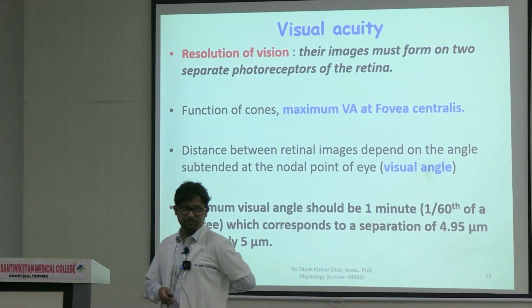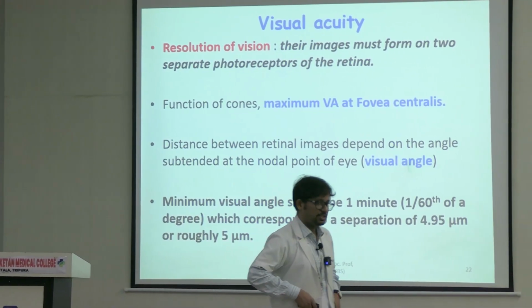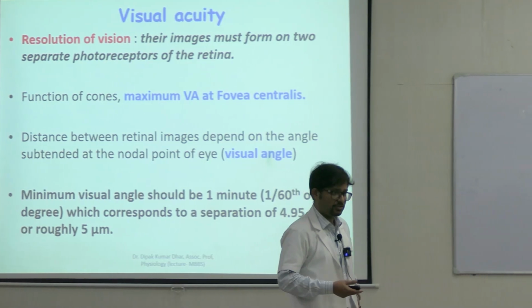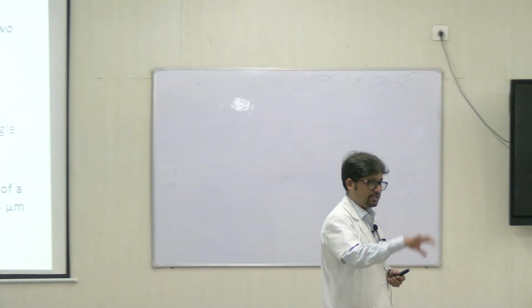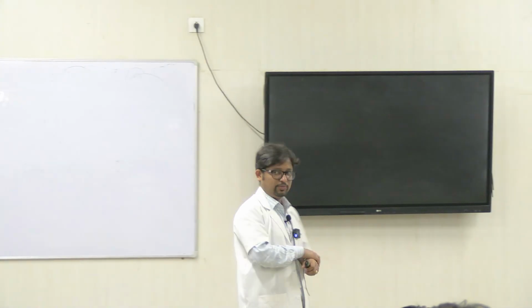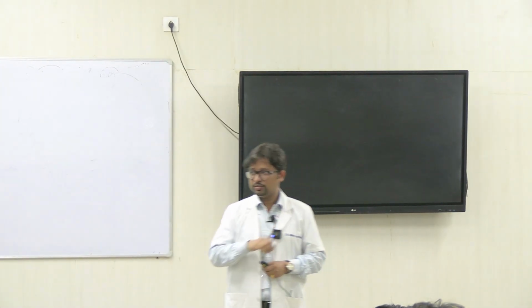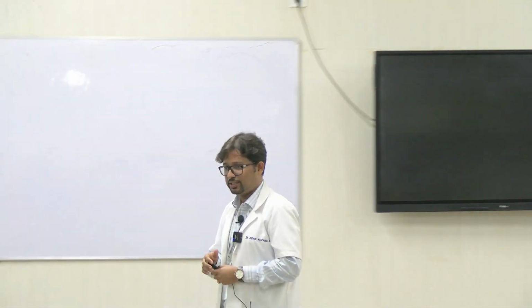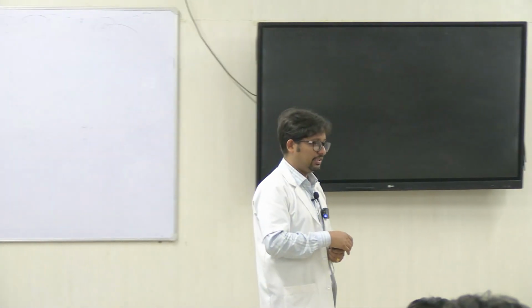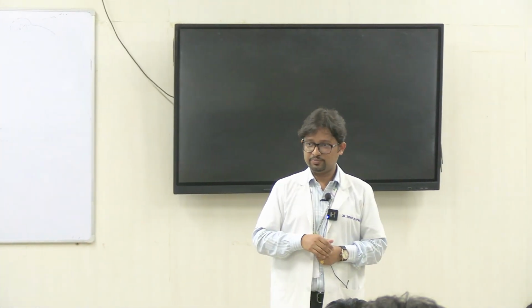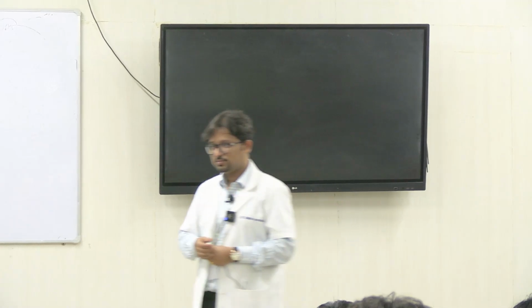Now visual acuity. Visual acuity basically means the sharpness of vision. In sensory examination you did one similar test on touch. You remember? Did you do the 2-point discrimination test, using calipers, an aesthesiometer? So what was that?